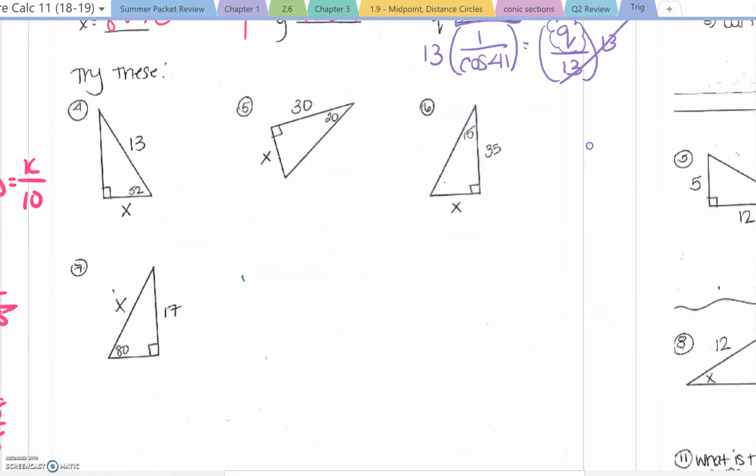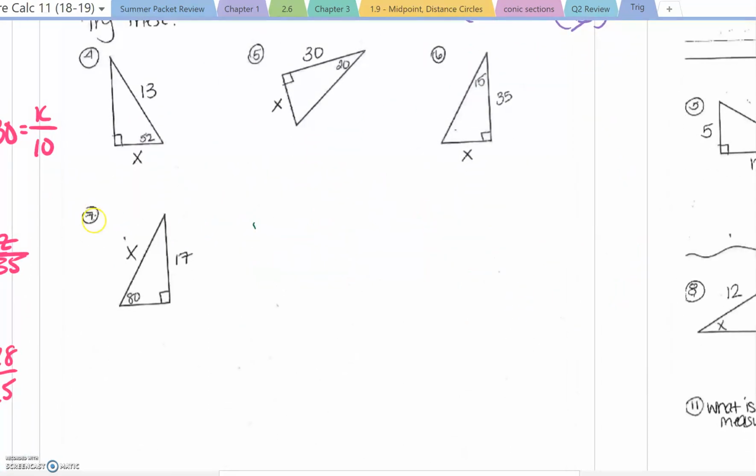Let me just do one more like that. I'm going to do number 7, where 80 is your reference angle, 17 is your opposite, x is your hypotenuse. Sine of 80 equals 17 over x. As soon as I see x in my denominator, I'm going to make it into a reciprocal.